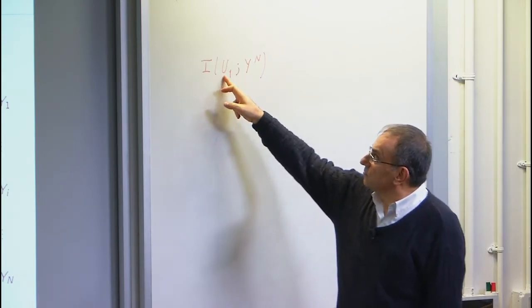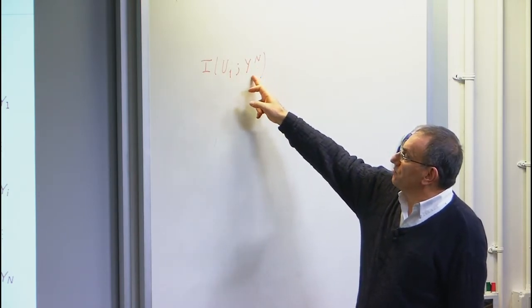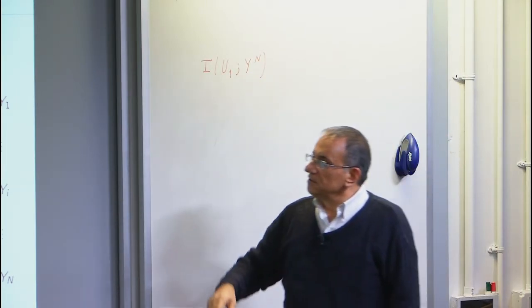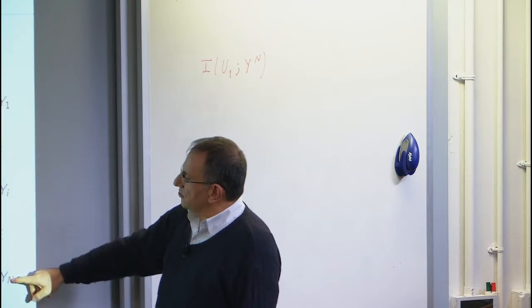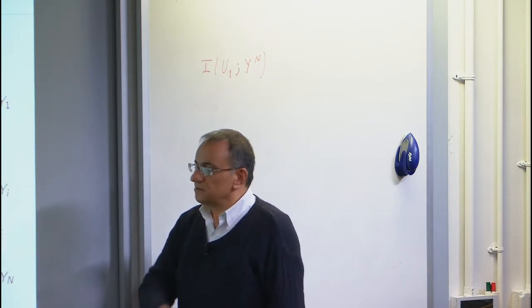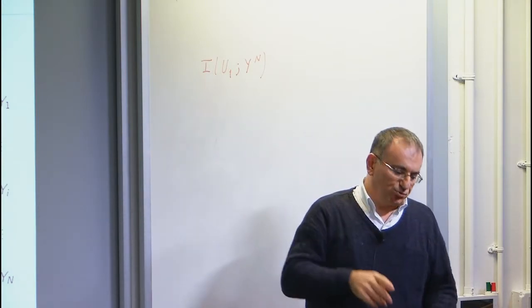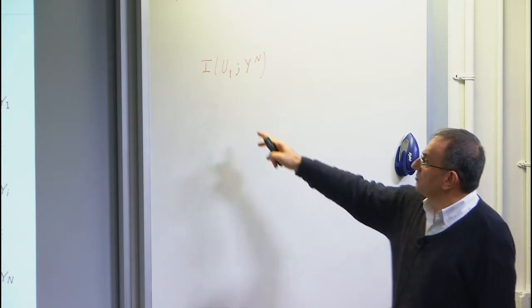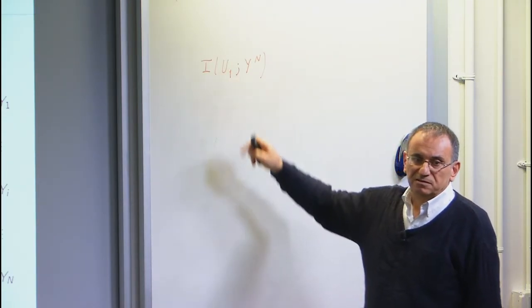The input will be U1. What will be the output? This is going to be the output. Okay, so these things are observed anyway, and I will pick this U1 as my input and this as the output. The output space is pretty large, but nevertheless, we have a binary input channel here.